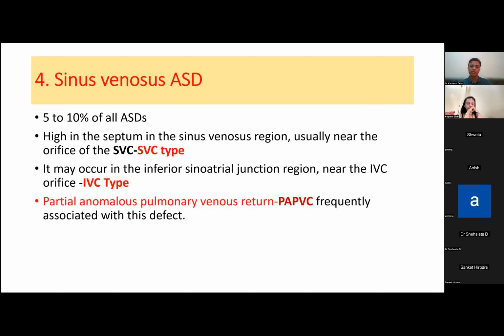The fourth one is sinus venosus ASD. In this, it is either SVC type because it is near the SVC, or IVC type if it is inferior and near the inferior vena cava.